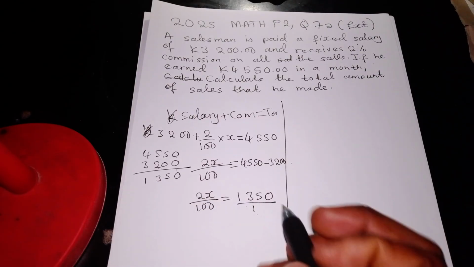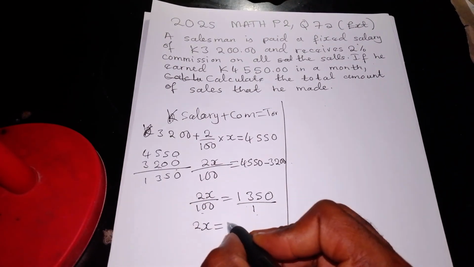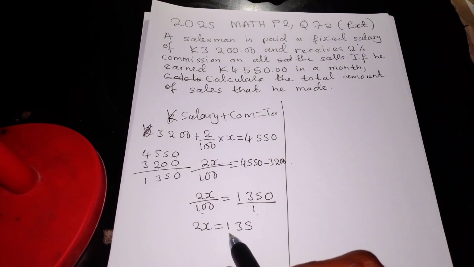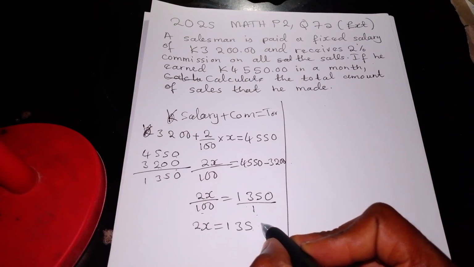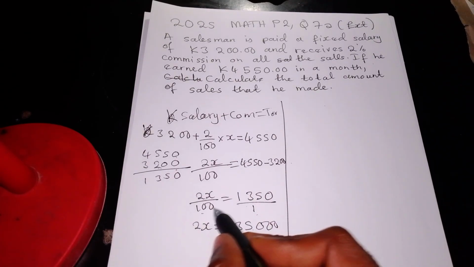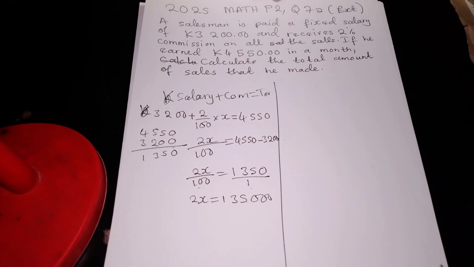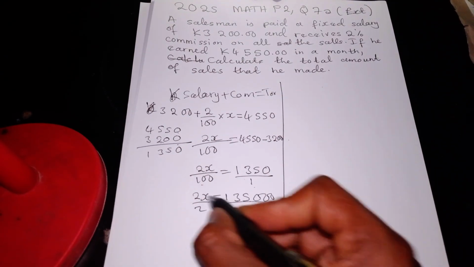So 2x times 1, you have 2x. This by that, you have 135,000, because these two zeros will simply be added to that. And then now, to solve for x, we can simply divide both sides by 2.